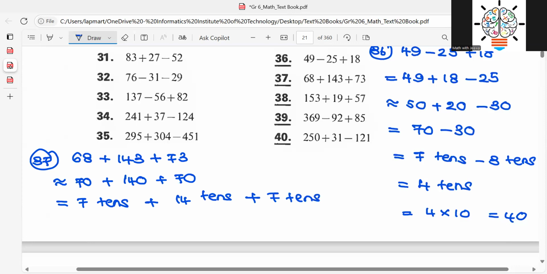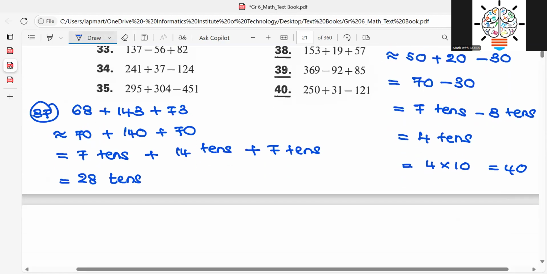Okay. So then 7 plus 14 is equal to 21. 21 plus 7 is 28. So here we write the answer 28 tens. So we can write that as 28 multiplied by 10, that is 280.